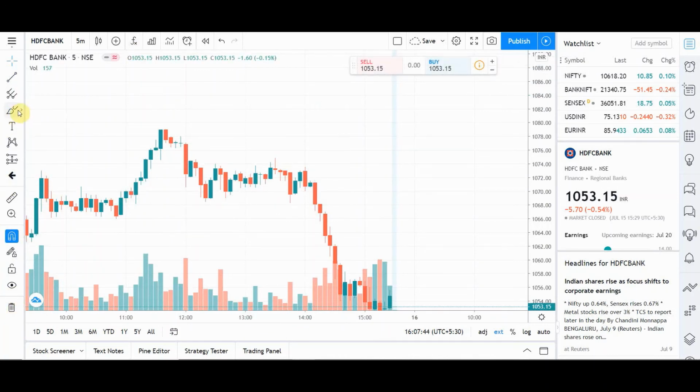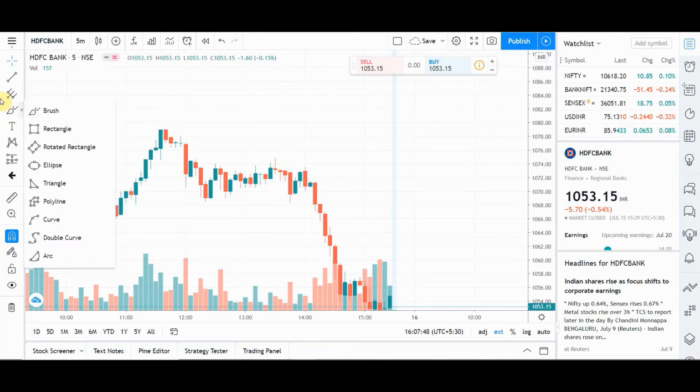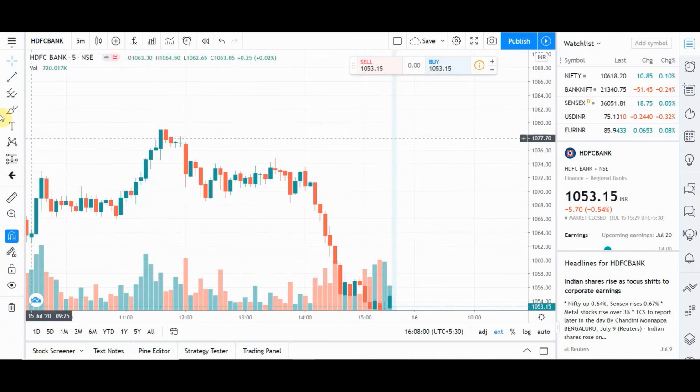And here we can see another section where the geometrical shapes are, the rectangle and triangle. All these rectangle patterns and triangle patterns you can use for marking the chart analysis.